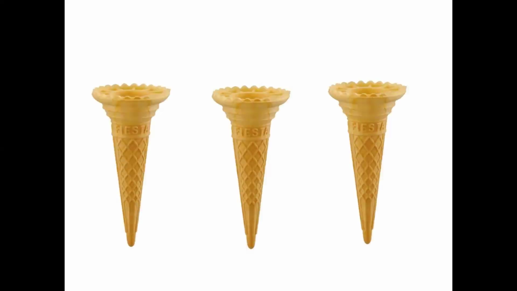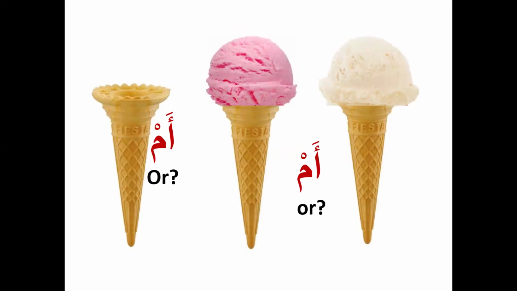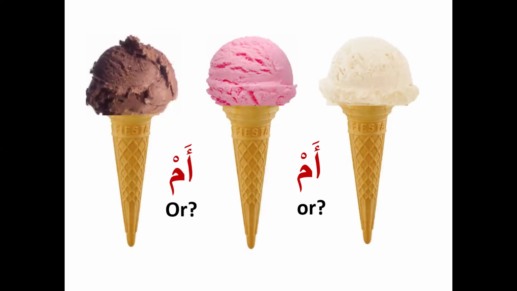Okay, so look, there are 3 ice cream cones. Wow. So if I give you the choice and I ask you, do you want vanilla ice cream or strawberry ice cream or chocolate ice cream? As I'm asking you, in this situation, in Arabic, I will use the conjunction am, not aw, because I'm asking.